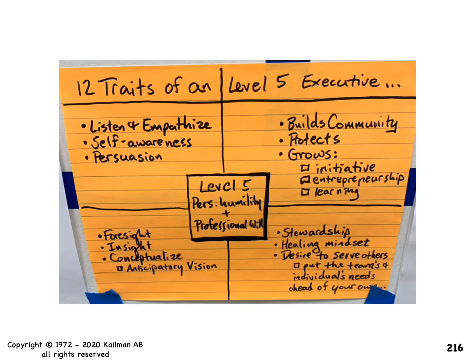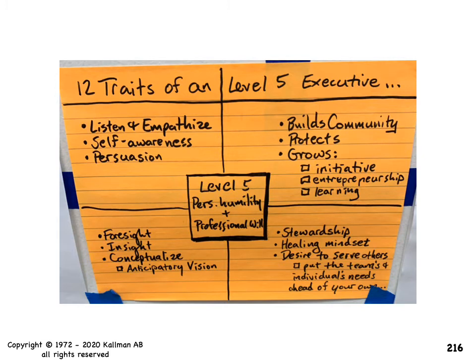And when you get into the traits of a level 5 executive, there's 12 of them. They're able to listen and empathize, they have high self-awareness, and they're able to persuade. Okay? Now, they have foresight, insight, and they can conceptualize, and they're able to do anticipatory vision, as we've shared earlier.